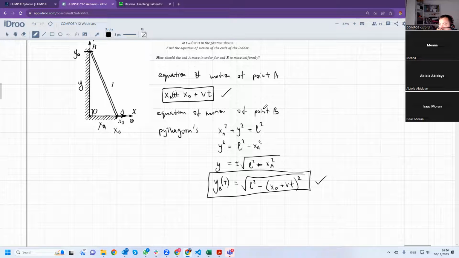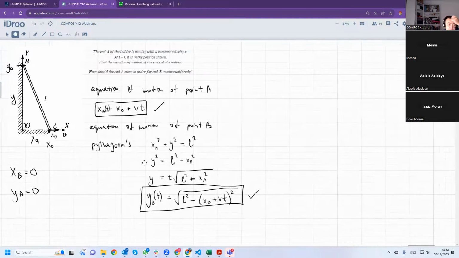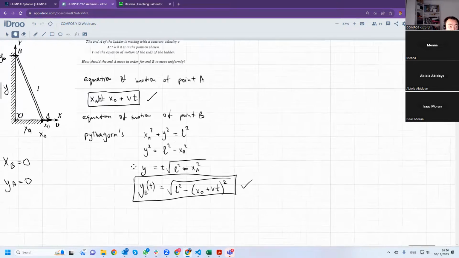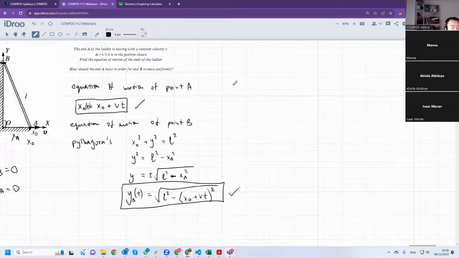Would you do this? Yeah, Pythagoras rule, absolutely. But note xb, it's y, because xb is 0. xb is 0. And ya is also 0. So you could write down the equation in even fancy way. You can write ra as a function of time.